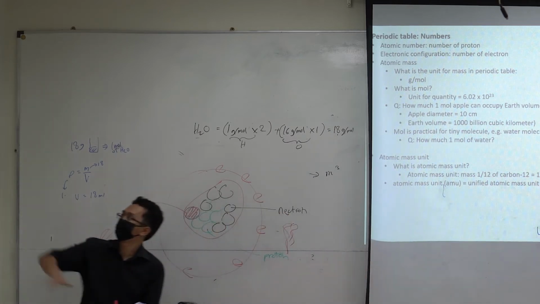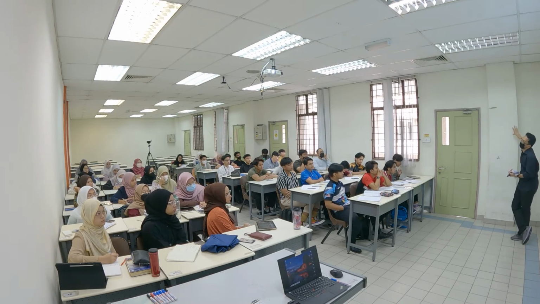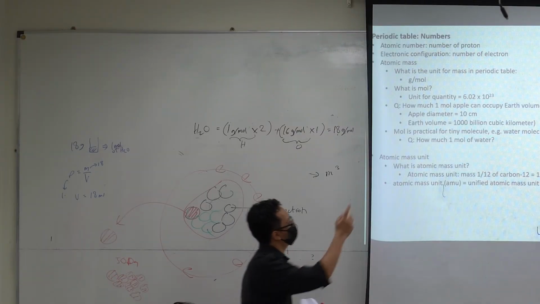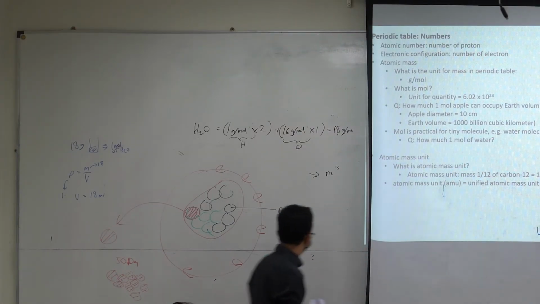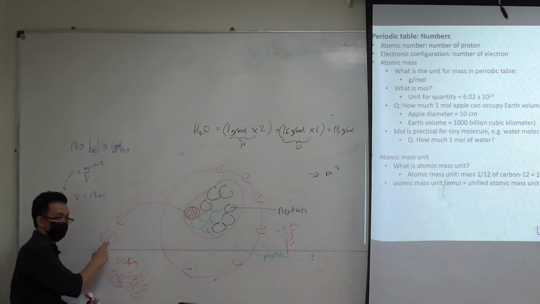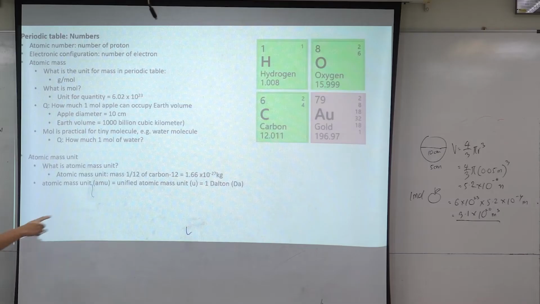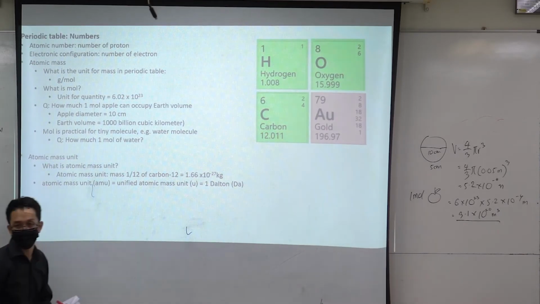For example, let's say this wall is made up of bricks. So the brick is the unit. I can say this whole class is made up of 1,000 units of brick. Same like this, atomic mass unit. But of course, we are more familiar with the use of gram and so on. So people try to find how to relate this atomic mass unit, because in reality, the weight of this one thing is 1.66 times 10 to the power of negative 27 kg.